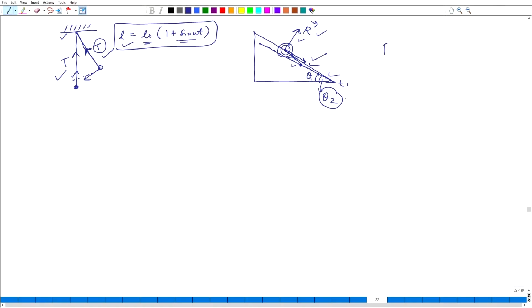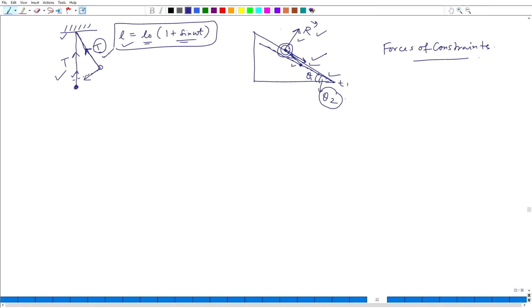So, these forces of constraint, in general for our usual everyday problems associated with one-particle motion, we see that they are actually perpendicular to the infinitesimal displacement of the particle. Just for example, here the reaction force, here the tension force.